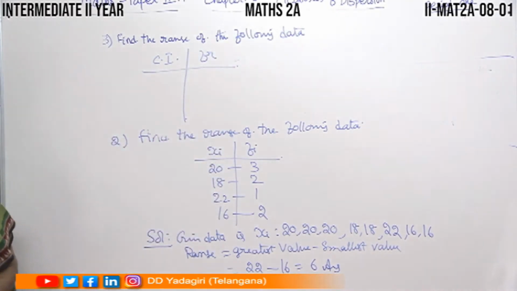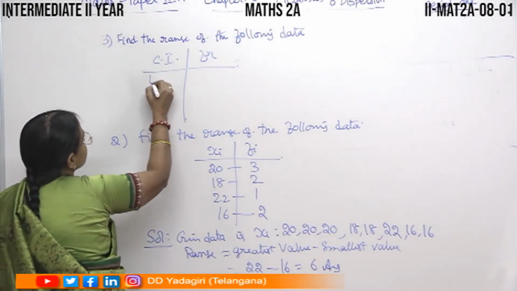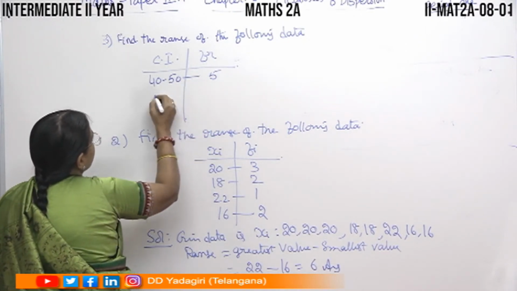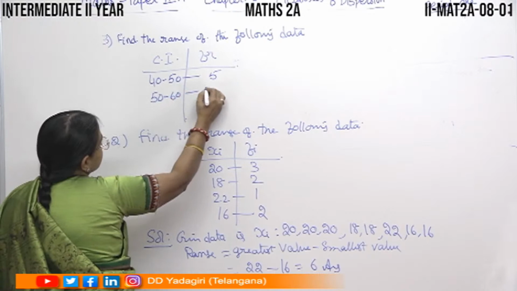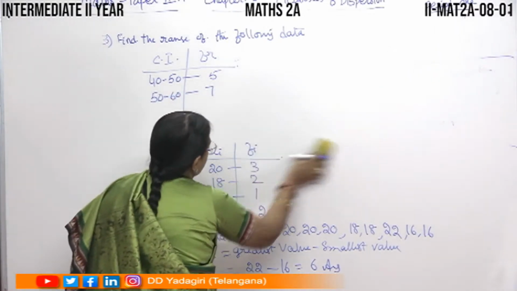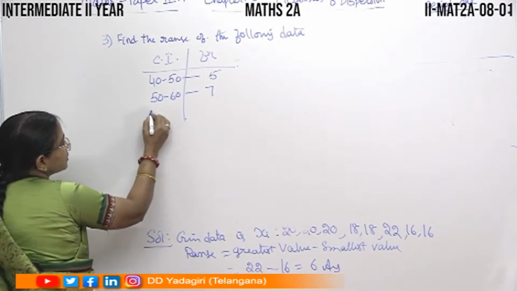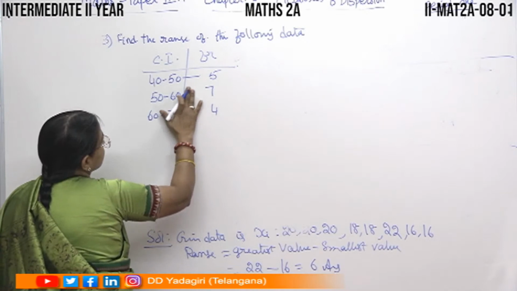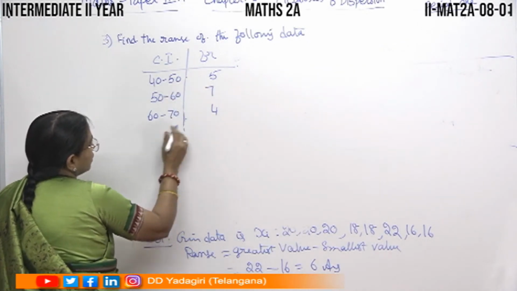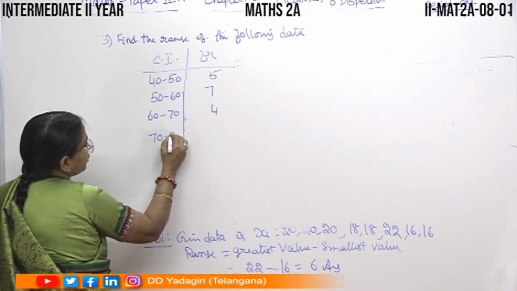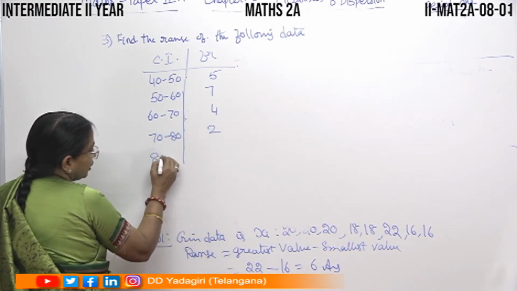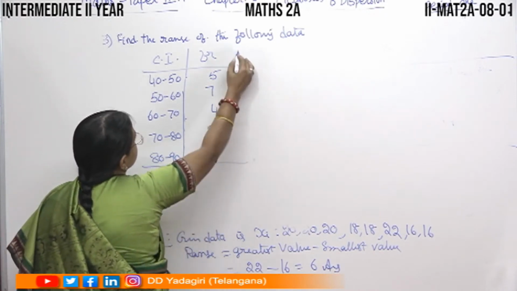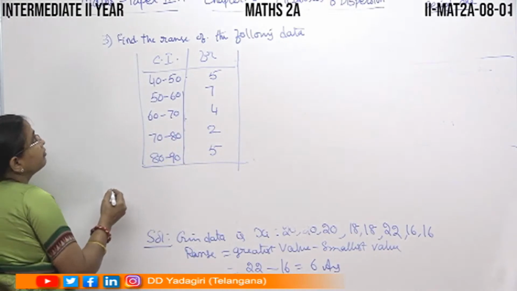Some example data: class interval 40 to 50 with frequency 5, 50 to 60 with 7, 60 to 70 with 4, 70 to 80 with 2, and 80 to 90 with 5. Suppose you are given a table like this. Find the range of the following data.